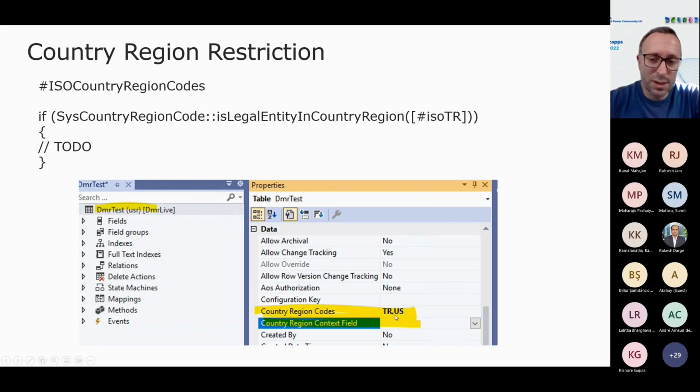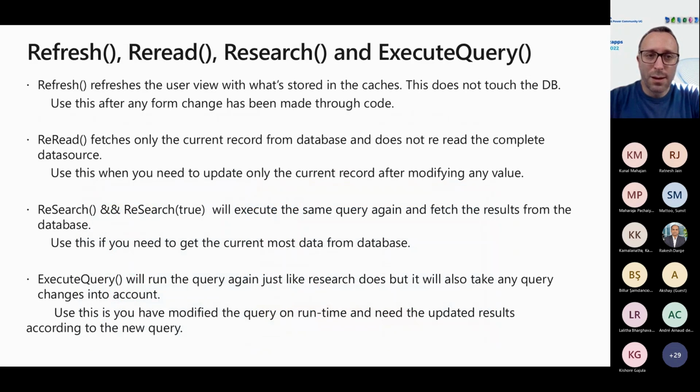For example, I say this will work for TR and US only. Also, in your code, you can use SysCountryRegionCode, for example, if the legal entity country region is Turkish. You can use it like this. So if you need country region specific code, you can use the standard functionality.